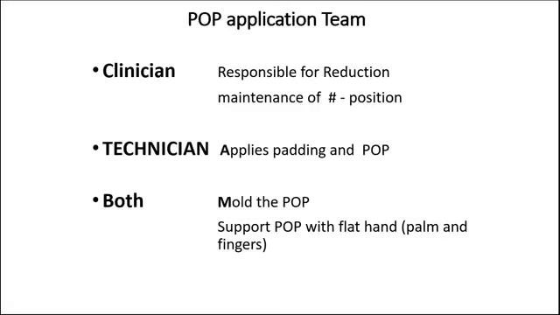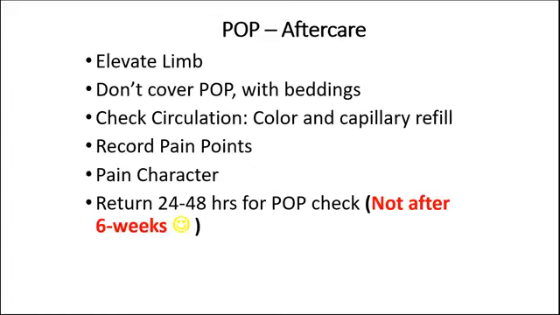Of course, after application, both the clinician and the technician should mold the POP. While molding, support the POP with the flat of the hand, with the palm and fingers open and straight. You may need a third person, and that makes work easier if you can afford the resource.